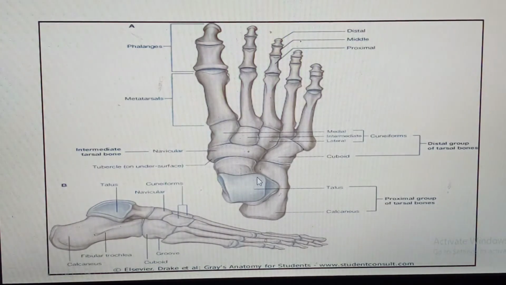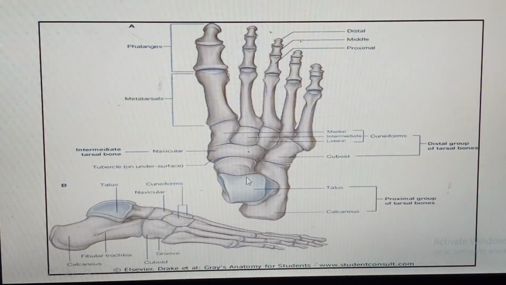So if you take the superior view, which is a very good view for us, we are going to say that the superior bone of the tarsus is going to be the talus. Now remember, I told you that these bones are organized into 3 rows, unlike in the case of the carpus where they were organized into 2 rows. So the 3 rows in the case of the foot include the proximal row, or we can say the posterior row.